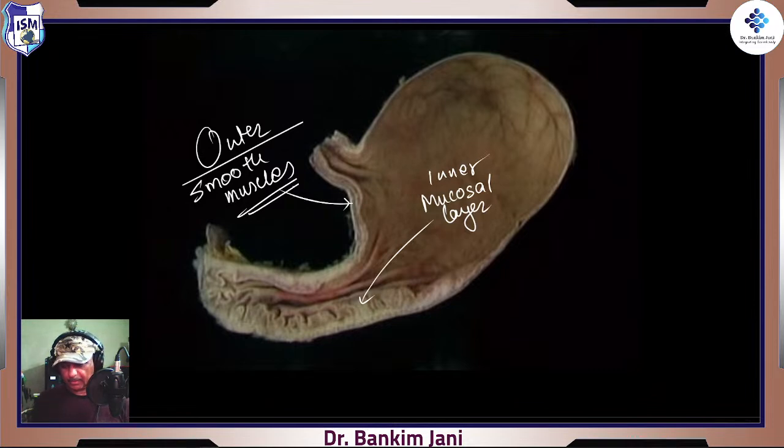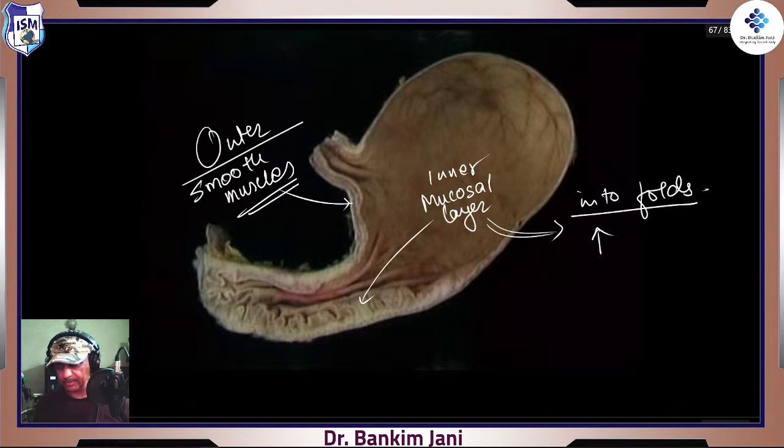What is the function of these mucosal layers? They are thrown into folds, because when they are in folds, they increase surface area. Though the stomach has the capacity to expand, this is where it increases surface area.